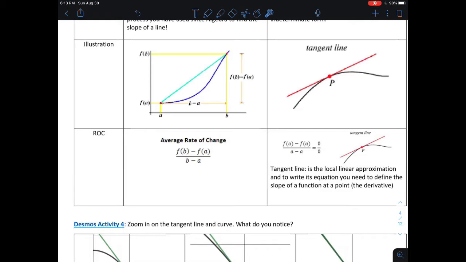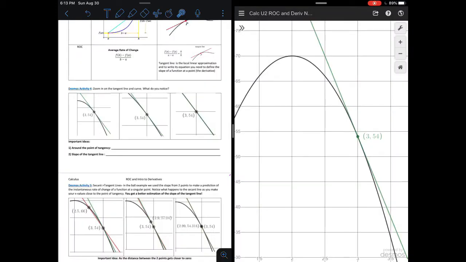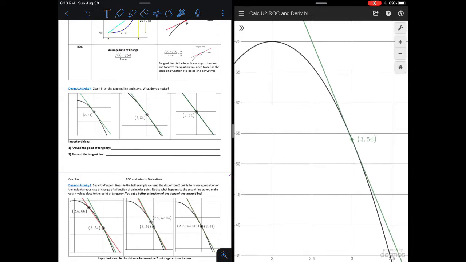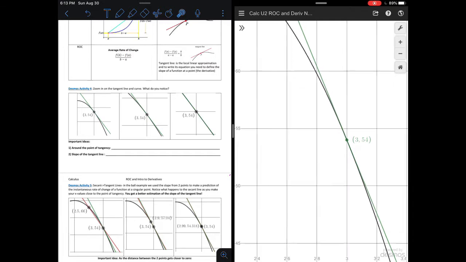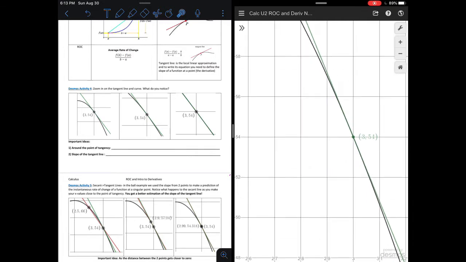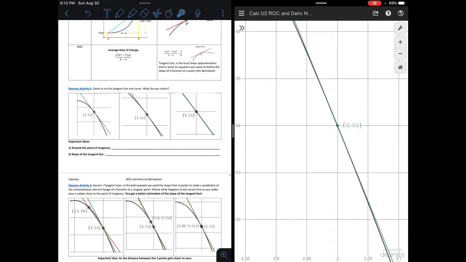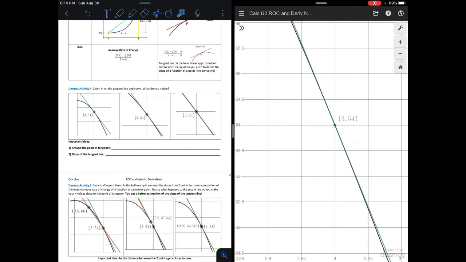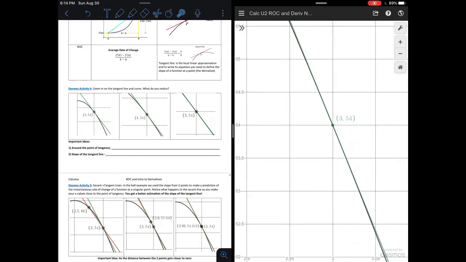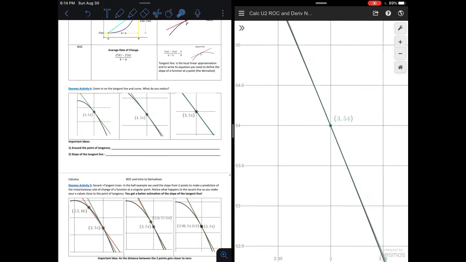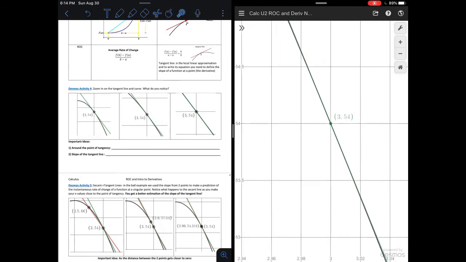So let's look at a graph here, and my green line is my tangent line to the curve of this parabola, and the point of tangency is at 3, 54. Now, what I want you to notice is what happens as I start to zoom in to this point of tangency. Notice how the more zoomed in I get, the harder it is to distinguish between the tangent line and the curve.